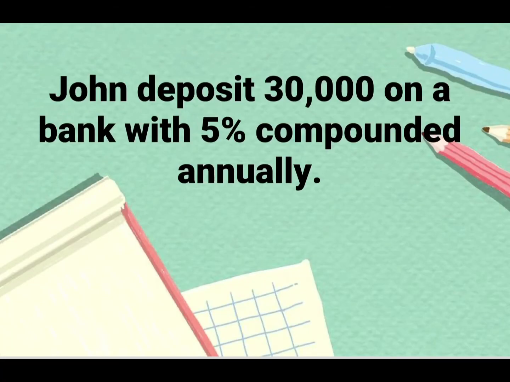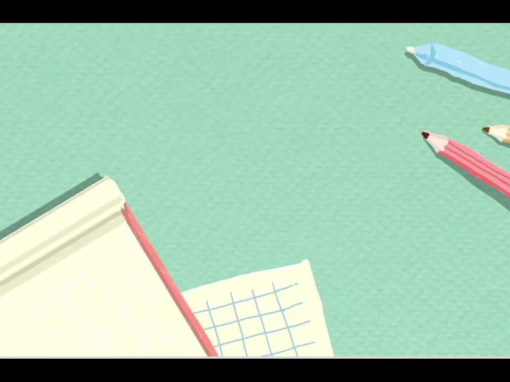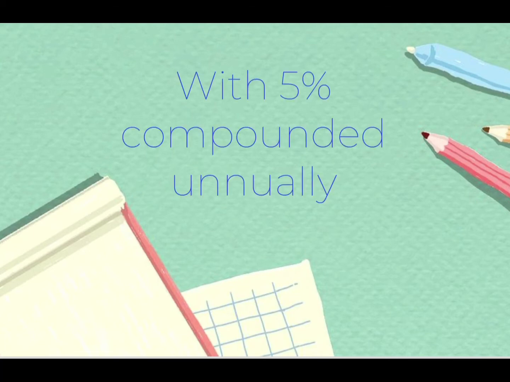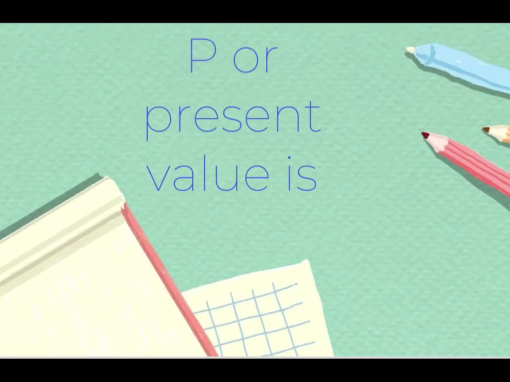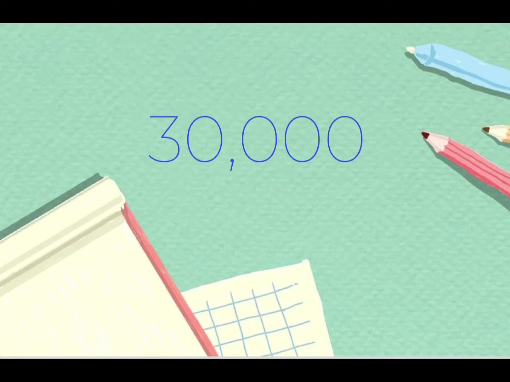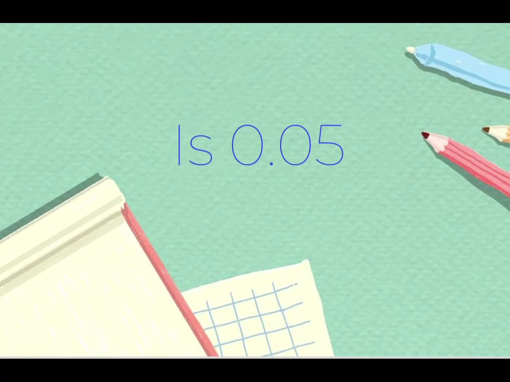John deposits 30,000 in a bank with 5% compounded annually. How much interest will he get after 36 months? So nag-deposit daw po ng 30,000 si John sa bangko with 5% compounded annually. So magkano yung interest na makukuha niya after 36 months? We have a given. P, or present value, is 30,000. Rate, or R, is 0.05.